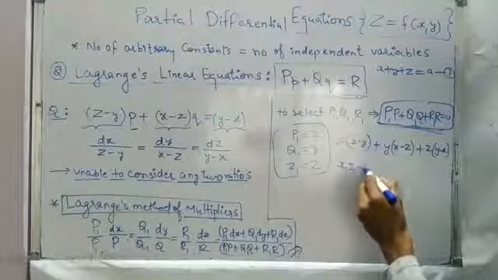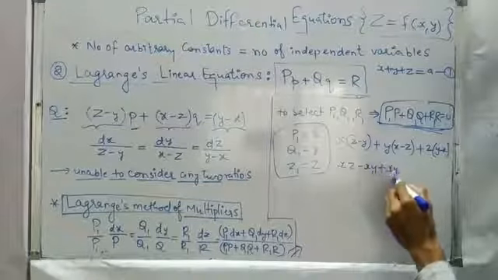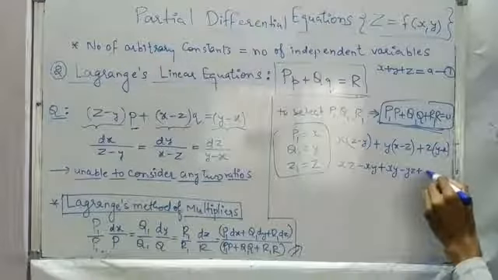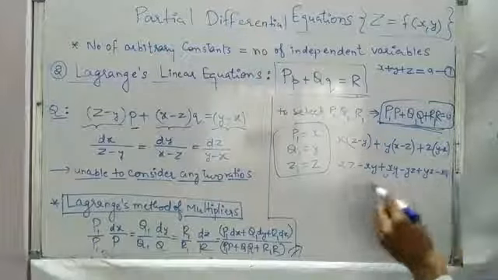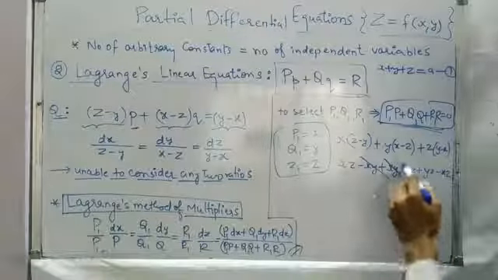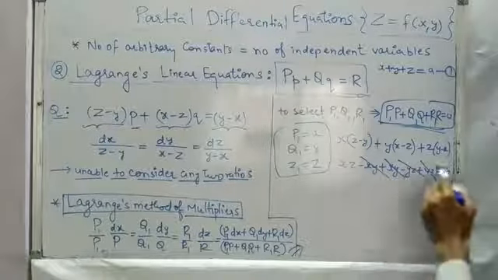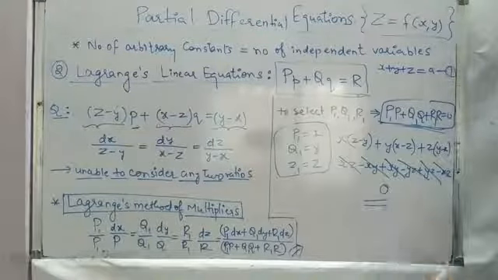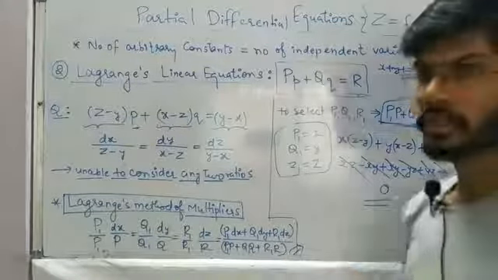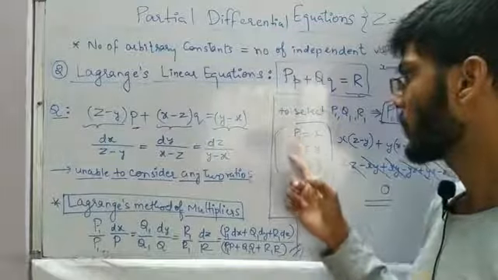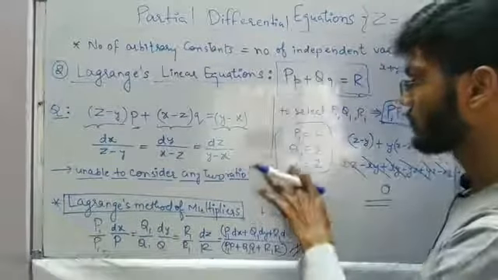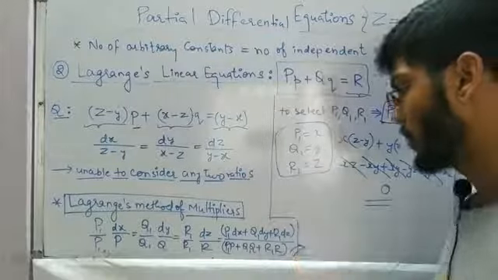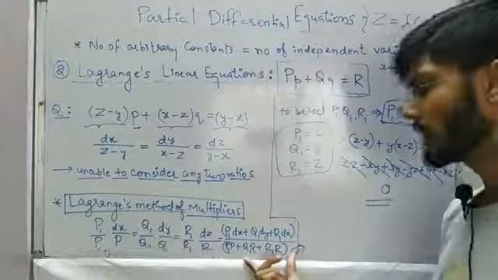So this is xz minus xy plus xy minus yz plus yz minus xz. So xy gets cancelled, yz gets cancelled, and xz gets cancelled. So we have the denominator as 0. So our multipliers p1, q1 and r1 are satisfying the denominator condition as 0.